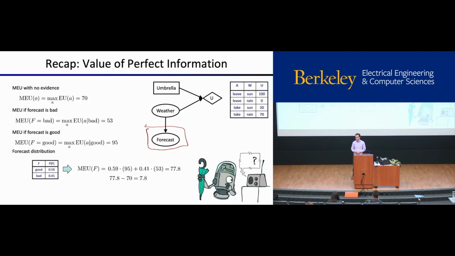Maybe we're just 7.8 small amounts happier about this day, right? So 7.8 utility has been extracted from knowing the information that's contained in the forecast. It doesn't tell us whether the forecast is good or bad, but we know that if we open the box and see which one it is, that will net us 7.8 units of utility. Okay? So that's the value of perfect information.